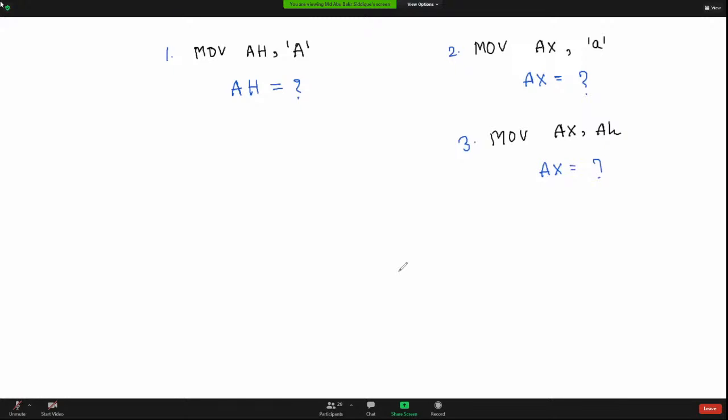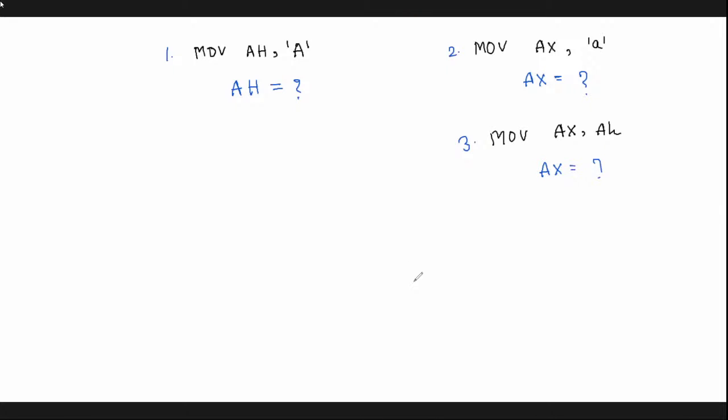Hey, Hafiza Khatun, how are you? Sir, fine, sir. Yeah, say, what will be the value for the third case? Sir, A is, or AX, sir.